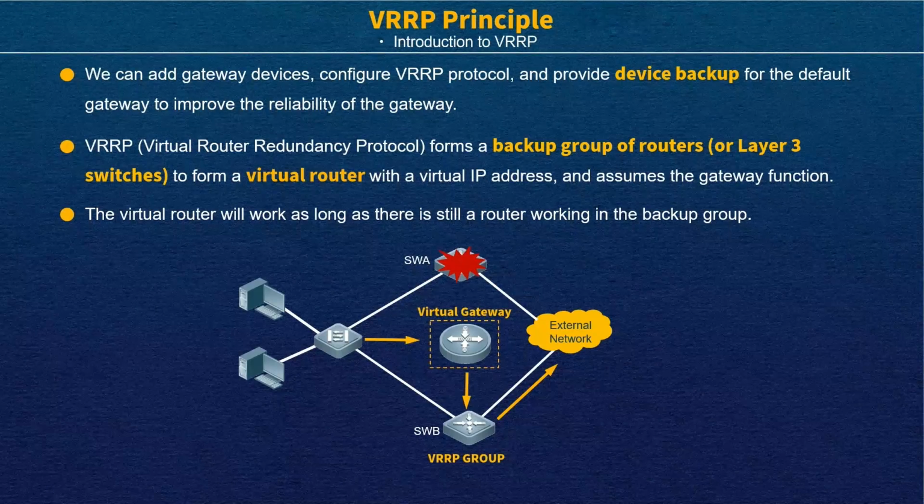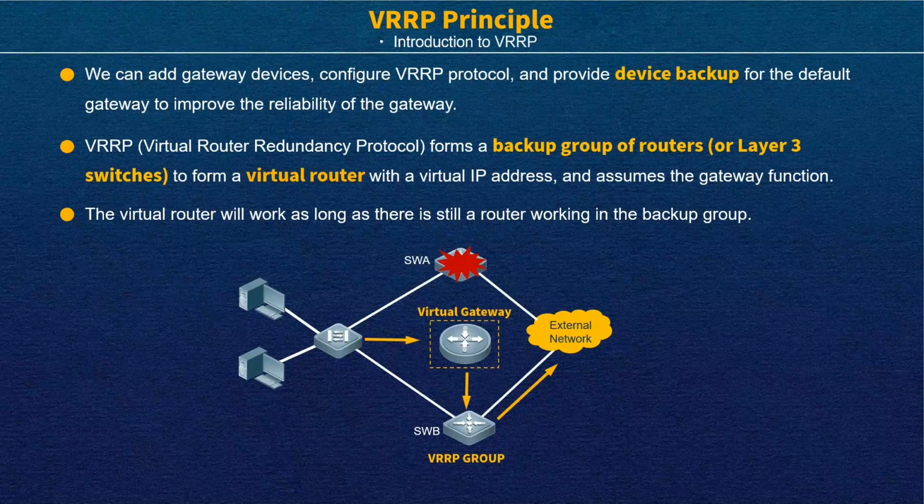But in the whole process, the terminal doesn't know that we have already switched from switch A to switch B as the new gateway. It only sends the message to the gateway, and it thinks the virtual gateway forwards the message out.